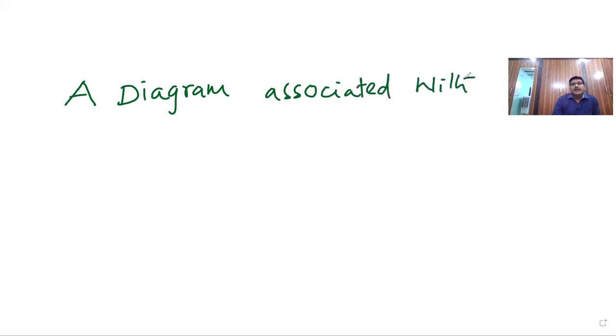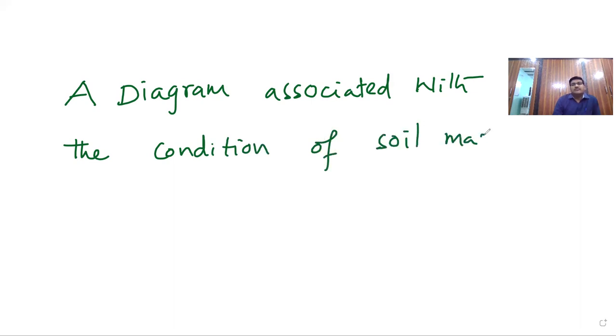A diagram associated with the condition of the soil mass, that means a pictorial representation of the soil mass condition, is known as a phase diagram.